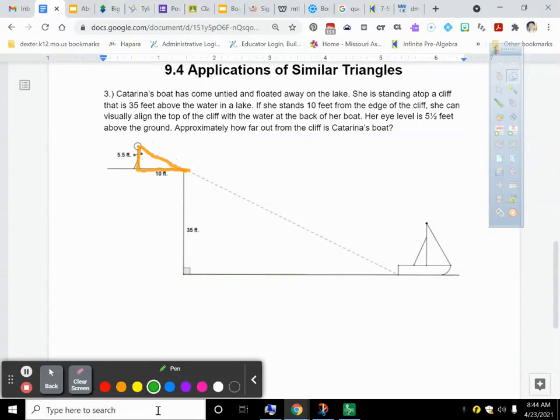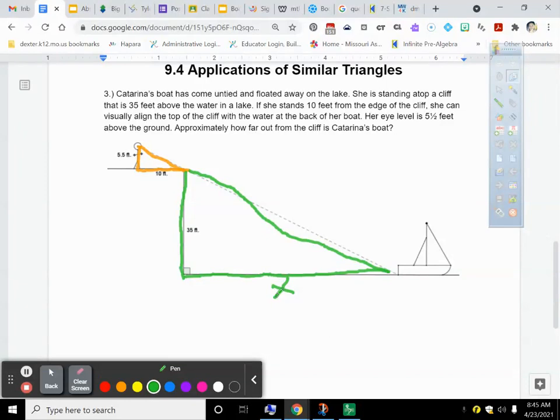Now where's my other triangle? And which side am I trying to find the length of? Pretend that's a straight line and it follows the path. Yeah, so I'm trying to find that length right there.